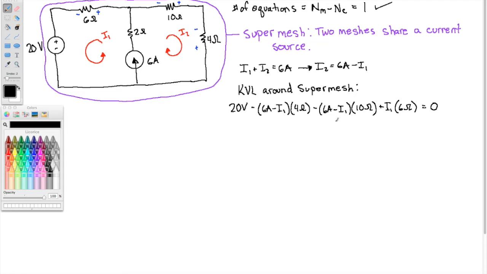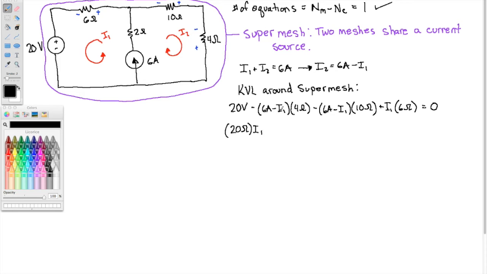Alright, so we've got one unknown, I1, right? So I can combine I1s. When I distribute that minus, I've got 4 I1, and I've got 10 I1, so that's 14, and then a 6. So that's 20 ohms times I1.